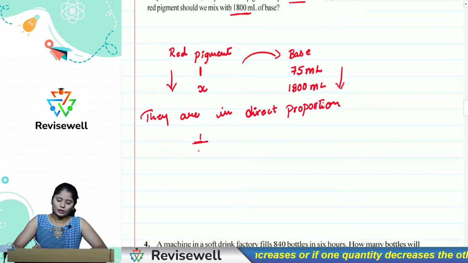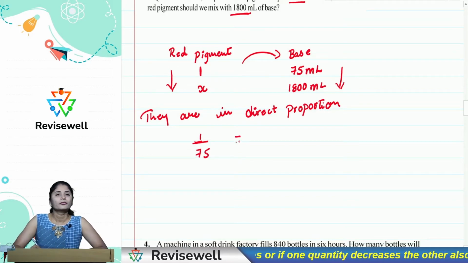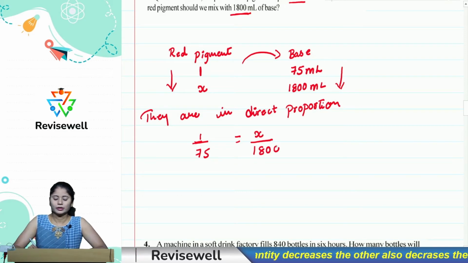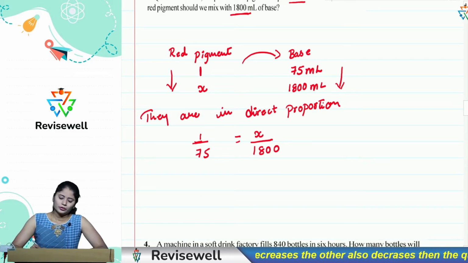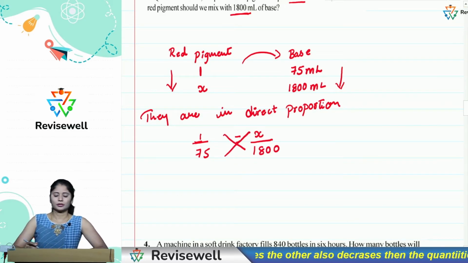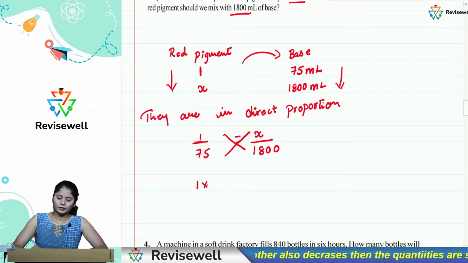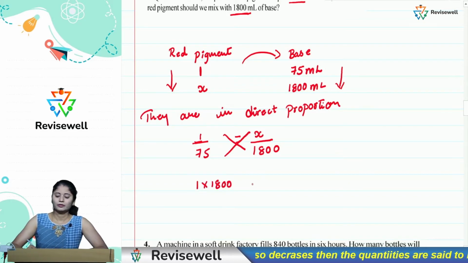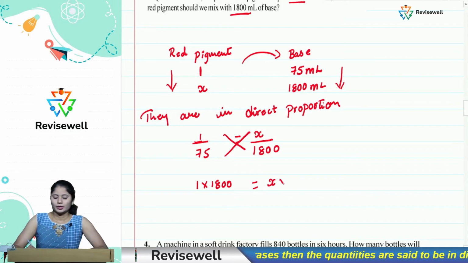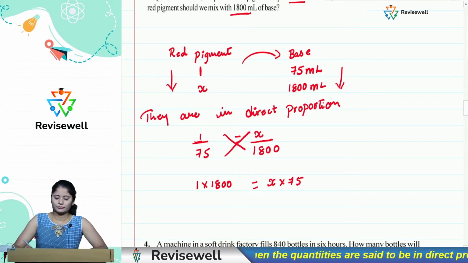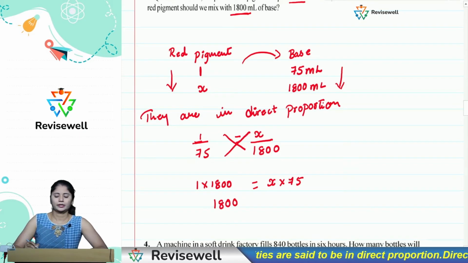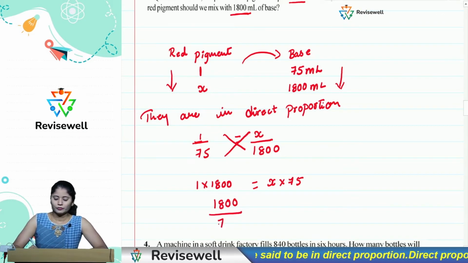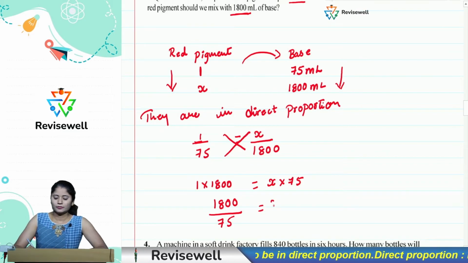So the ratio of 1 over 75 will be equal to X over 1800. Cross multiply to get the value of X. So 1 into 1800 will be equal to X into 75. So 1 into 1800 is 1800 itself over 75 is equal to X.